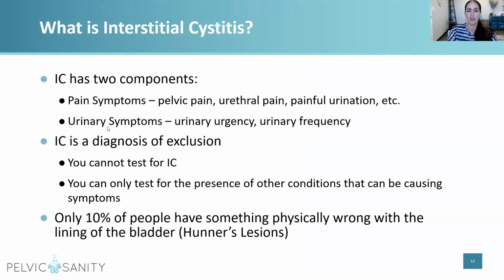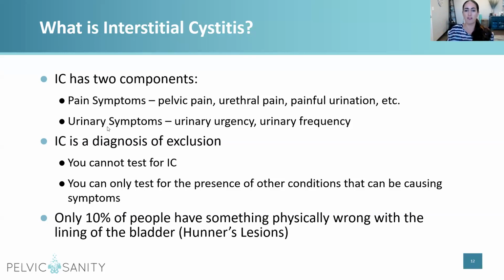So interstitial cystitis has two main symptom presentations: pain and urinary symptoms. It can be pain with urination as your only pain. It can also be pain anywhere else in the lower abdomen, low back, groin, testicular pain for males, labial pain for females, urethral pain, clitoral pain, penile pain.